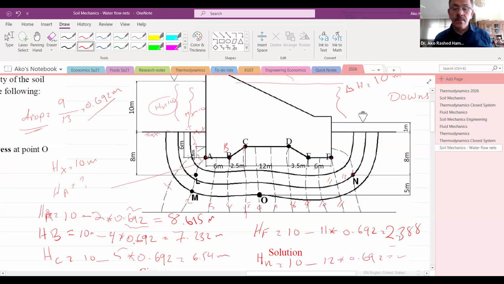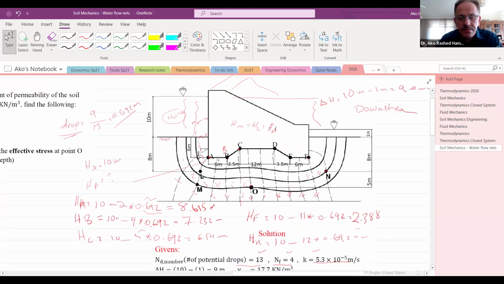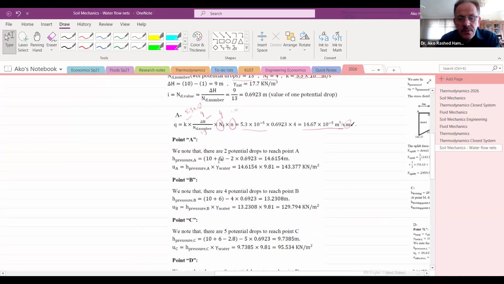HM and HL are equal, HL equals HM, because they are on the same line, the same equipotential line. Okay.